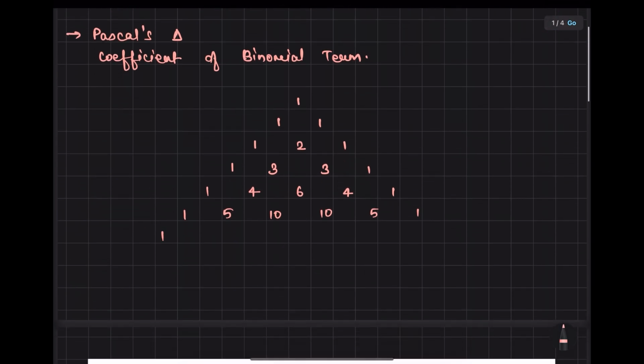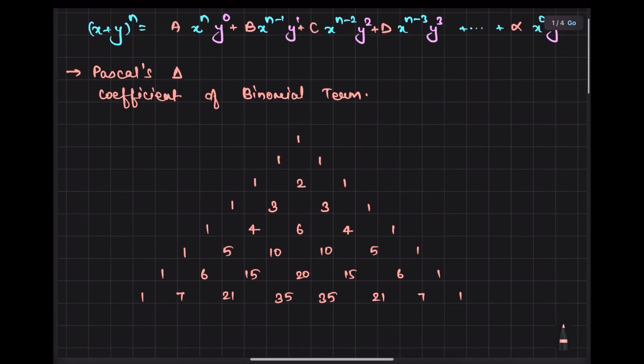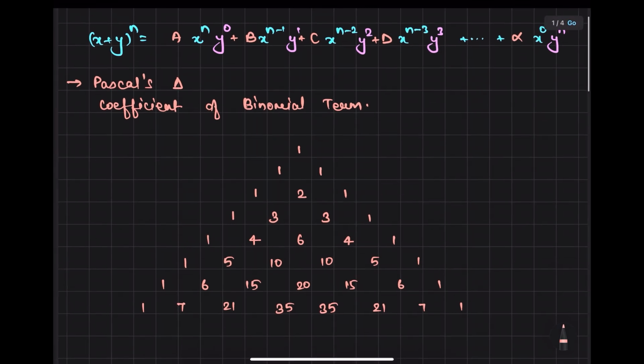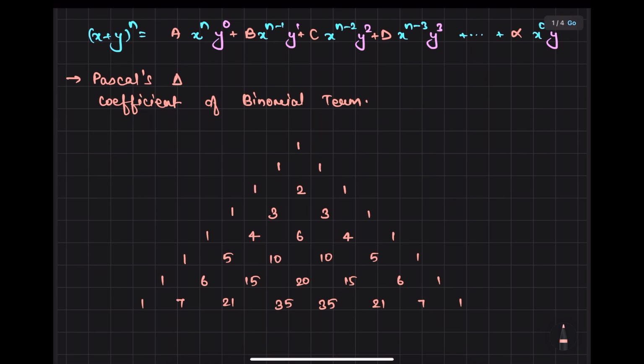Then 1, 6, 15, 20, 15, 6, 1, again 1, 7, 21, 35, 35, 21, 7 and 1. You have to keep on doing this till infinity. This triangle will give you the coefficients of your required expansion. Look at how it goes.